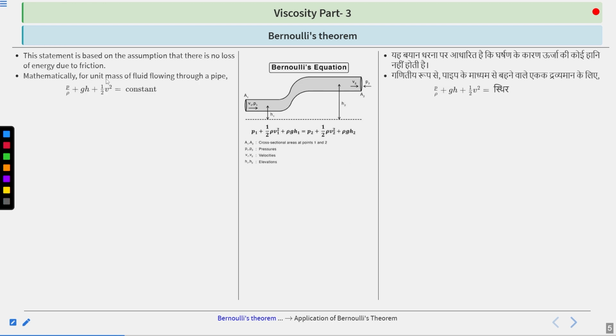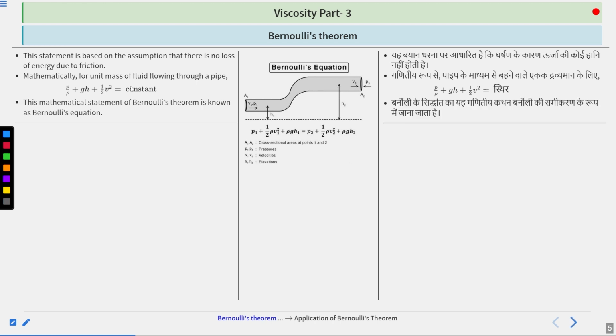Mathematically, for unit mass of fluid flowing through a pipe, we could say P by rho plus gh plus 1 by 2 v square equals constant. This mathematical statement of Bernoulli's theorem is known as Bernoulli's equation.